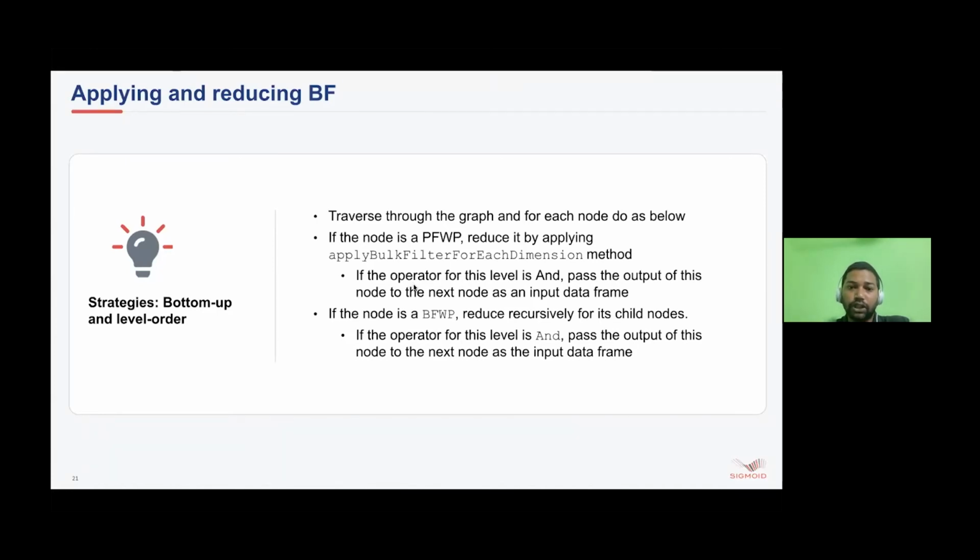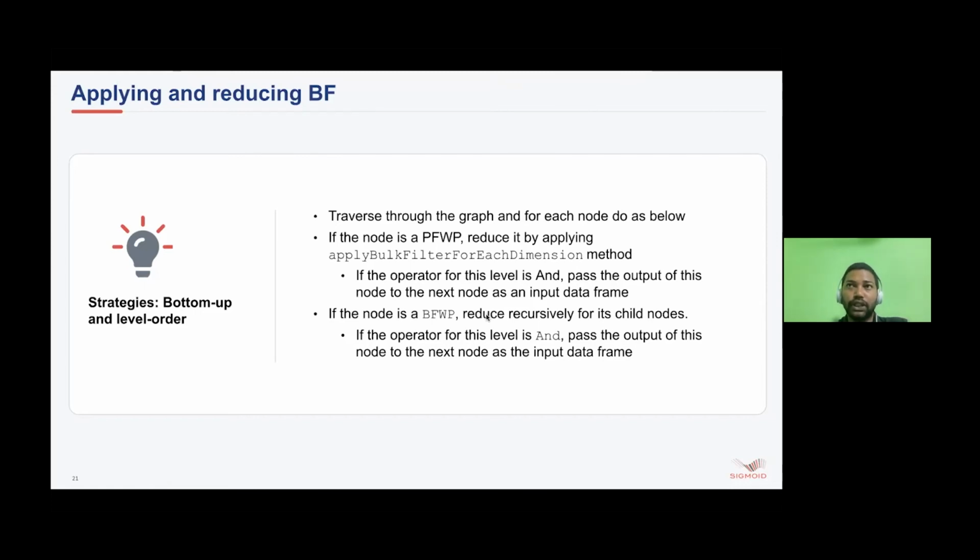And if the operator on this level node is AND, we'll pass this processed DF as an input to the next node. So if the node is a bulk filter, means the nested filter, right? So we will reduce it recursively for its child nodes.